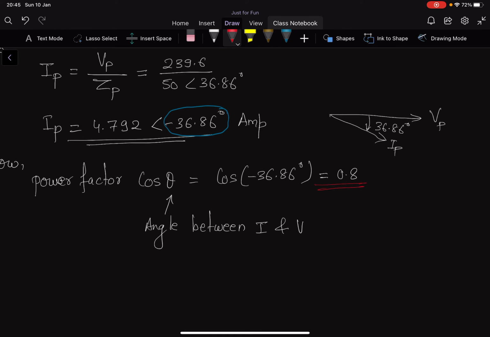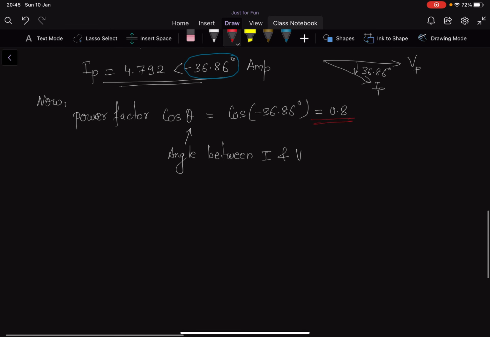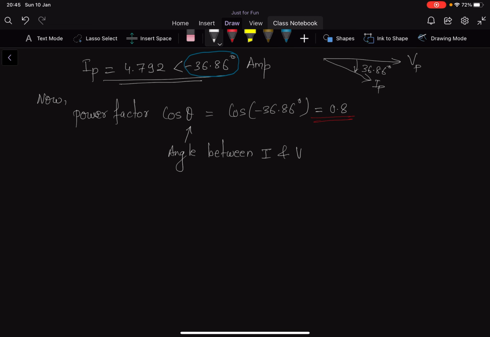So the present power factor which we can see is 0.8, but we want to improve that power factor to 1. So let's write that. We want to improve the present power factor, which is basically 0.8, to a power factor of 1.